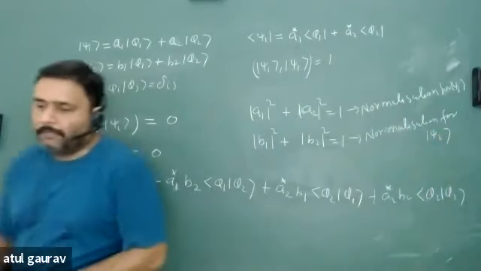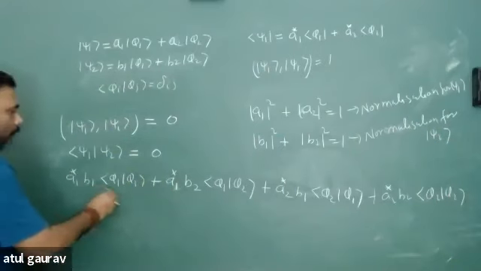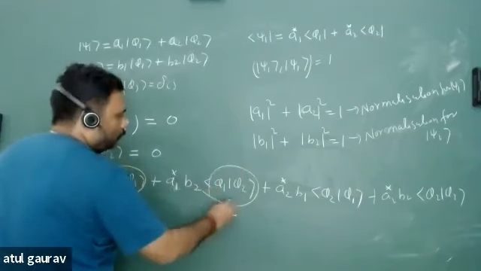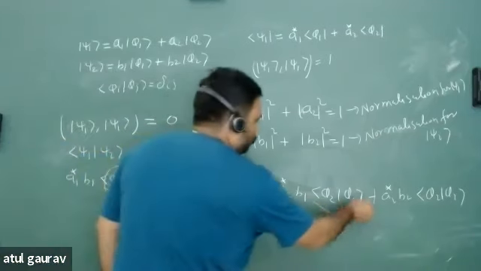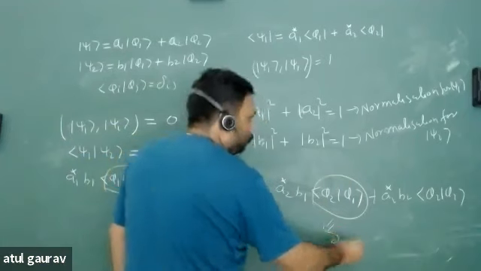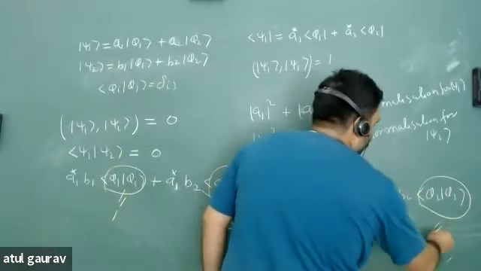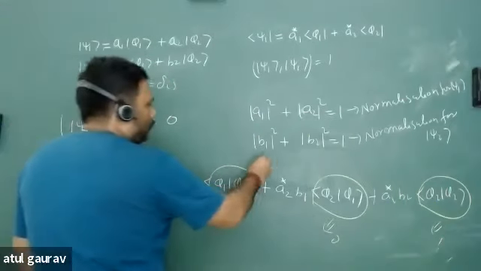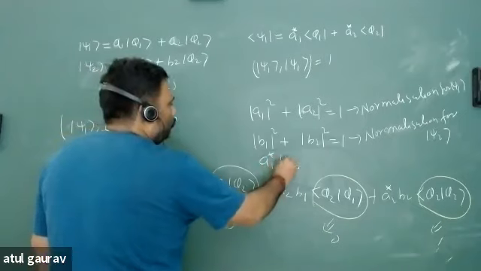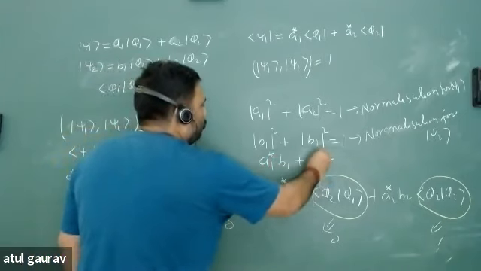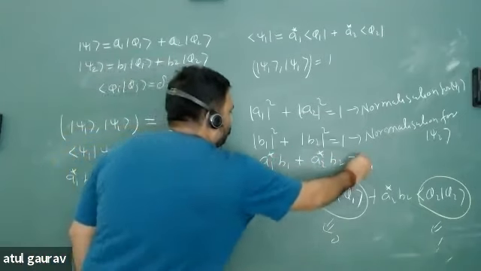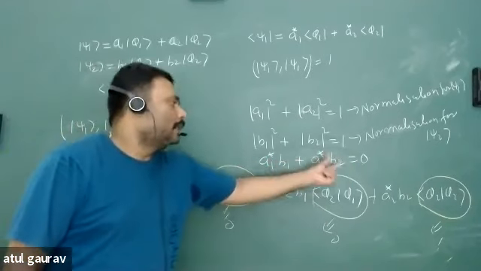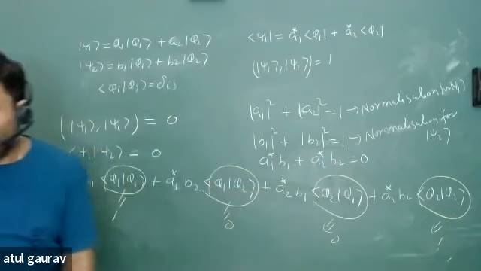Then again, what will be the condition? This must be equal to 1, this must be equal to 0, this must be equal to 0, this must be equal to 1. So the condition is A1 star B1 plus A2 star B2 must be 0. Some people can get the answer B1 star A1 plus B2 star A2 is equal to 0. Both are the same thing.